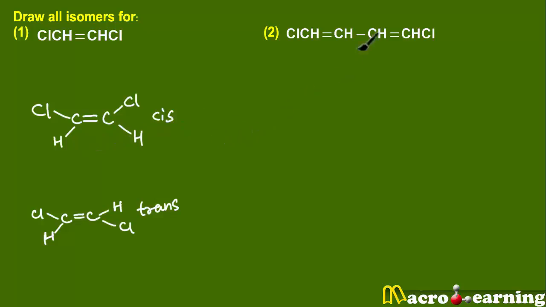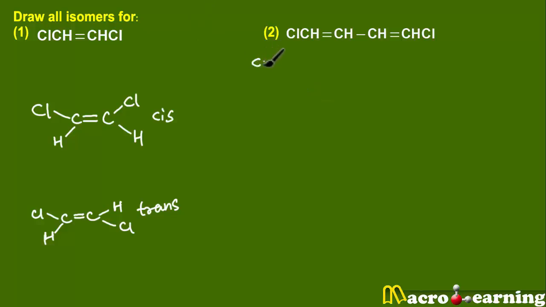And for this one, which has more than one double bond, it's going to be a little more complicated. Because each double bond could be either cis or trans, and there could be a number of combinations out of that. So I would first lay out those like this. Trans for the first, well, let's do this one first. Do cis first.